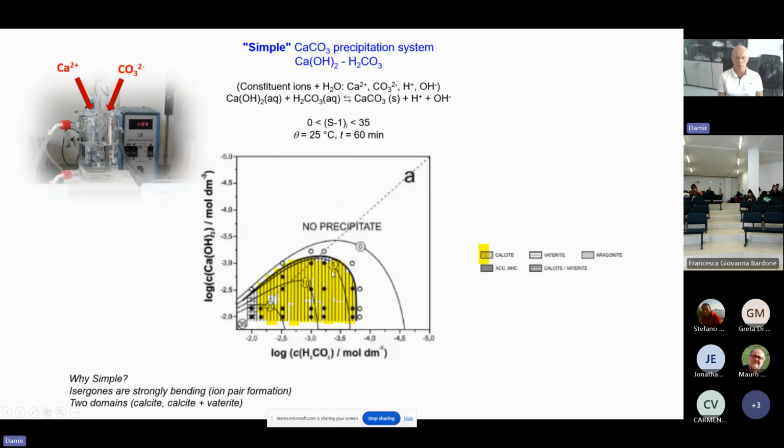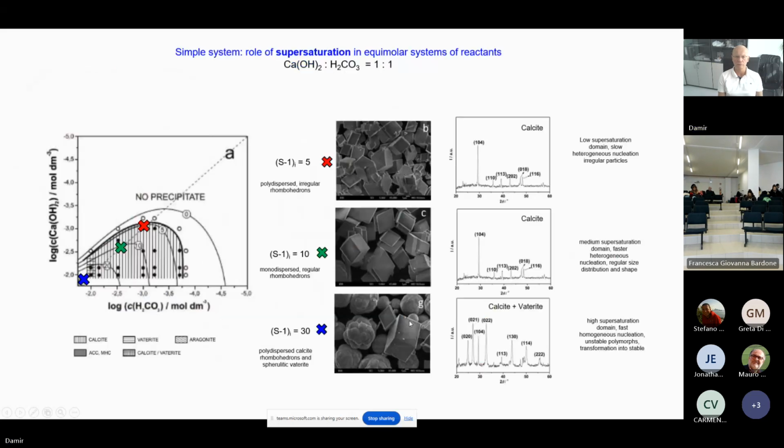So actually in this system we obtained two precipitation domains. This one, very broad, is a domain in which we identify calcite. In this domain we identify a mixture of calcite and vaterite. And we already said that we want to investigate how the supersaturation causes changes in polymorphism and other properties of calcium carbonate. So we selected 3 points here.